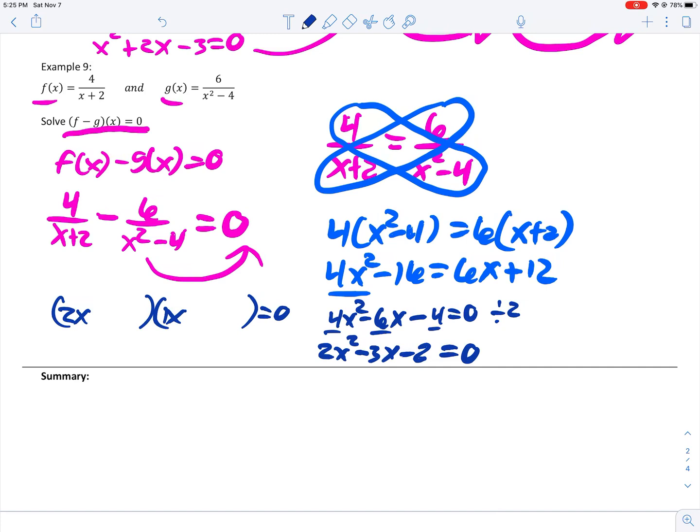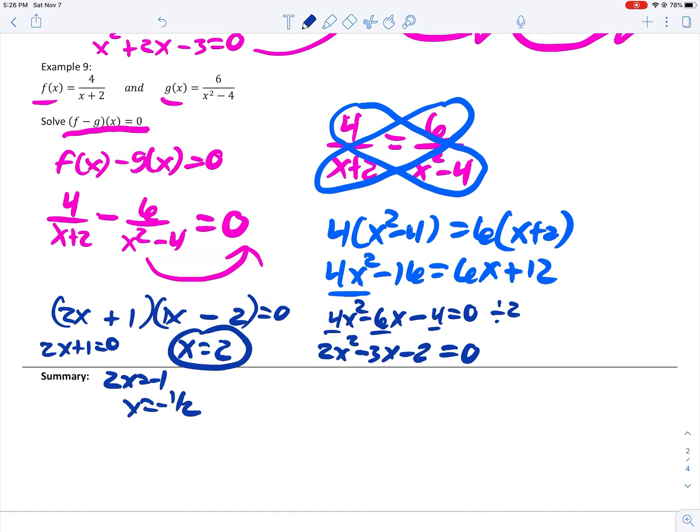So let's see. 2 and 1. Right, 2x, 2x, 4x, 1x, that goes 3, good. So it's got to be negative 3, so negative plus. So x equals 2. Right, 2x plus 1 equals 0, subtract 1, divide by 2, so negative 1/2.